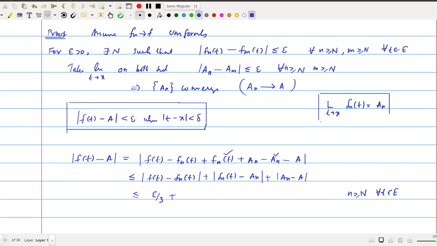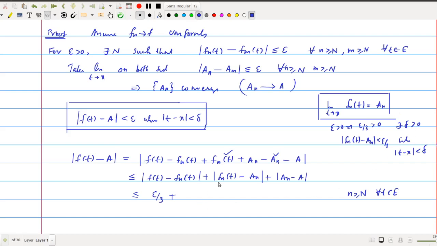So this shows that for every epsilon greater than 0, epsilon by 3 is also greater than 0. Then there exists a delta greater than 0 such that mod fn of t minus an is less than epsilon by 3 whenever mod t minus x is less than delta.